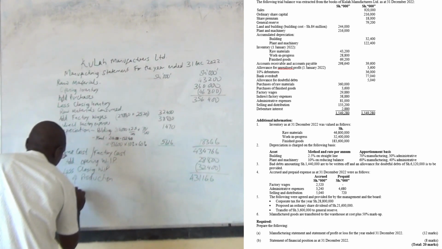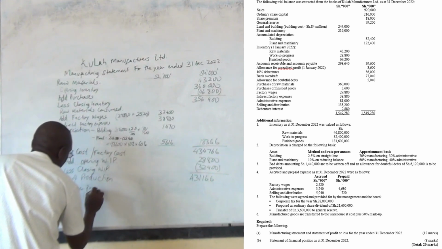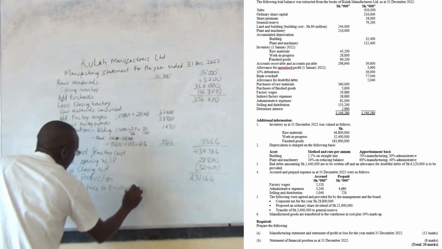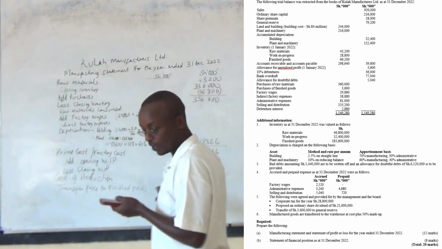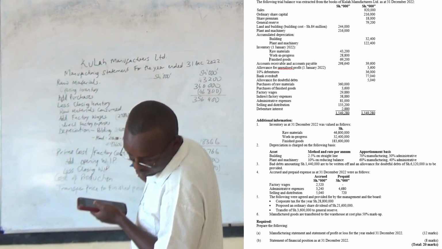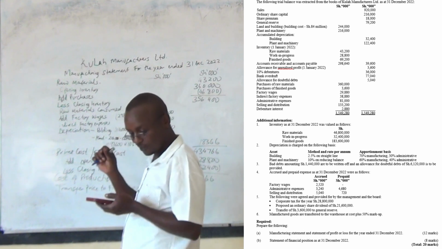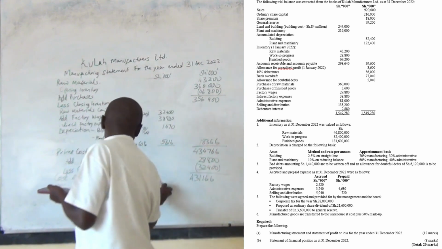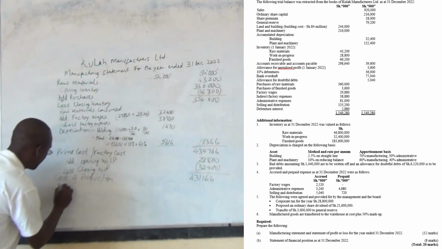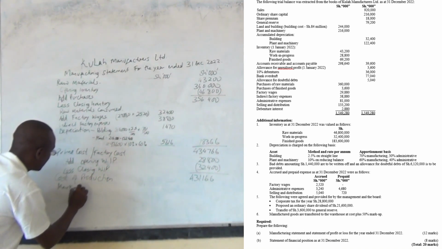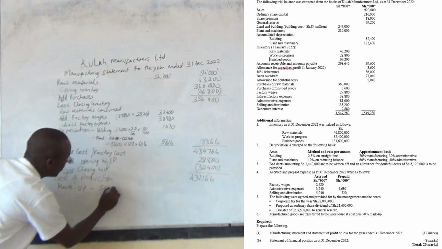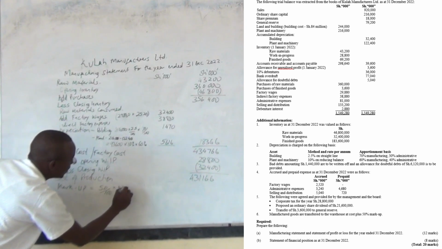Transfer price to finished goods. So we will not transfer at this price. If you transfer, you add markup. First of all, before you get the transfer price, you do the markup, which is 50% of 431,166.